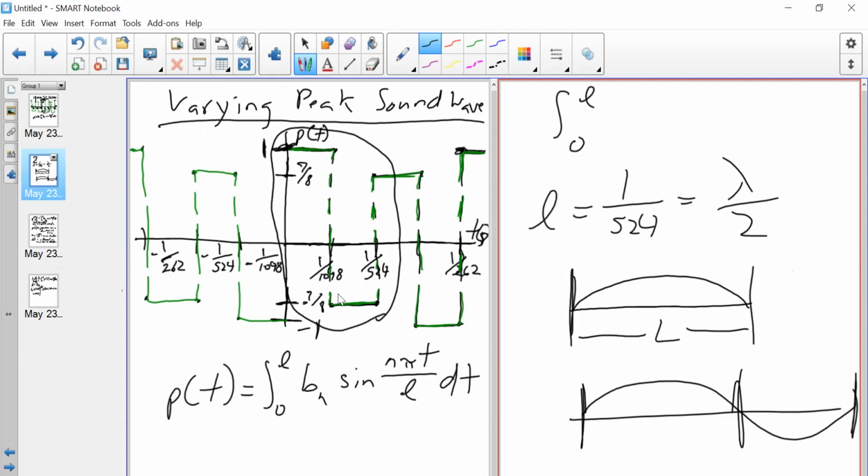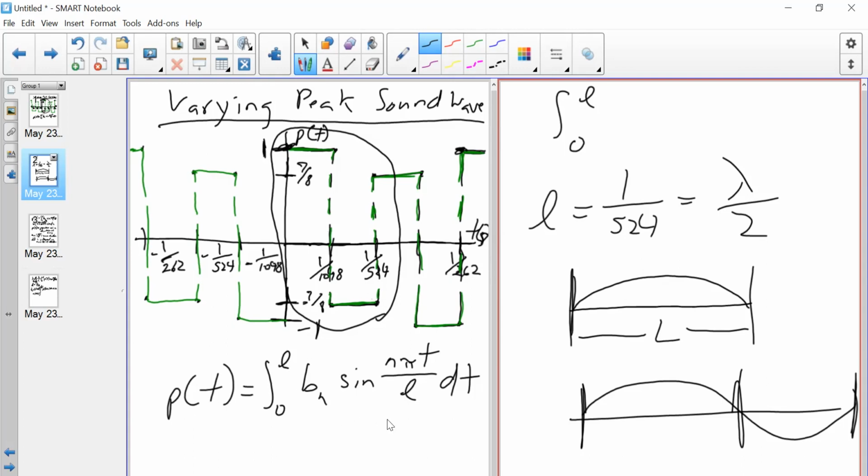Well, that entire length is made up of 2 pieces. 0 to 1 over 1048, and then we're going to integrate from 1 over 1048 to 1 over 524 to complete a full length of 1 over 524. So we're going from 0 to 1 over 1048, minus 7/8 times the function that we're going to see again, minus 7/8. And the integral bounds are going to be from 1 over 1048 to 1 over 524.